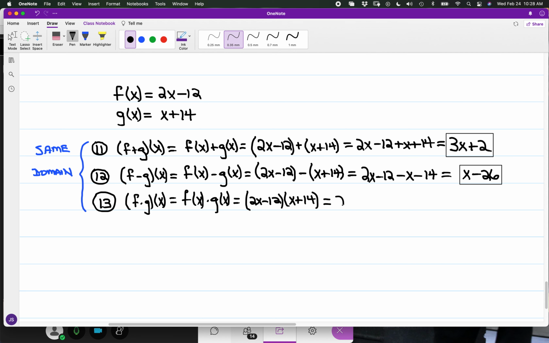So we have 2x squared. Now we're going to have 2x times 14 will be 28x. Negative 12 times x is minus 12x. So if I have 28x minus 12x, I'm going to have a positive 16x in the difference. And negative 12 times 14, this will be a highly negative value, which in this case is going to be minus 168.